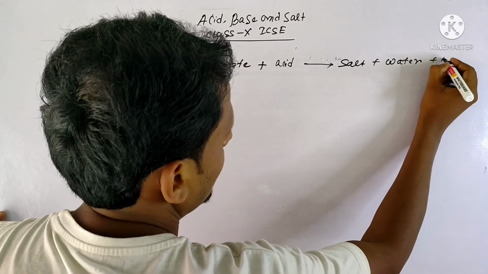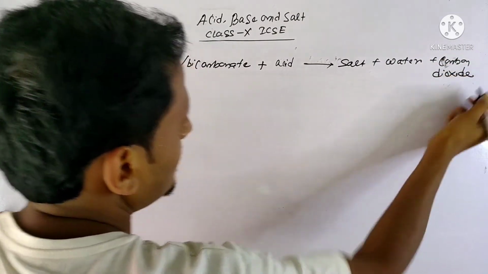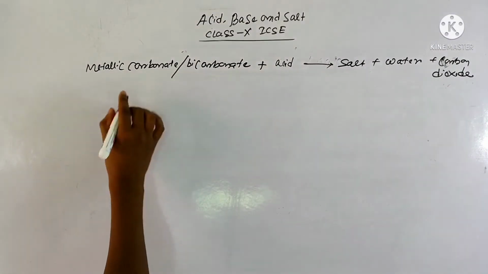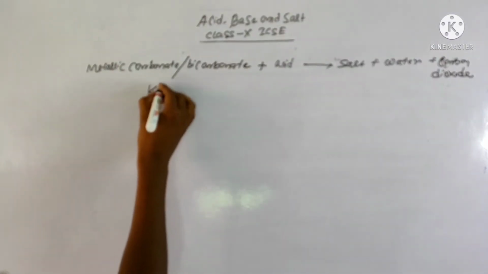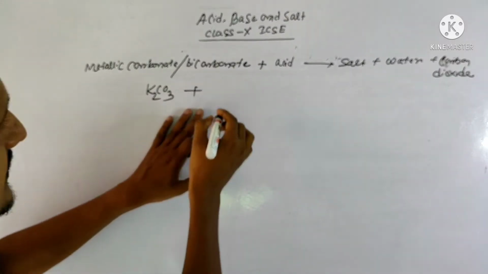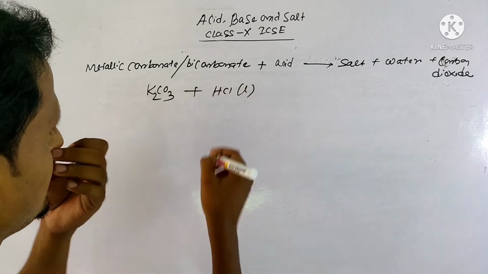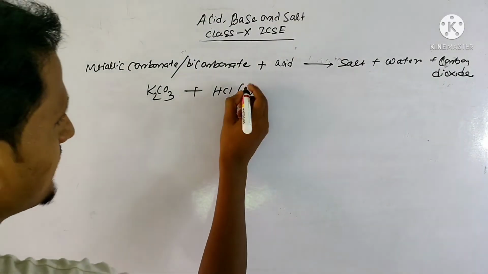Carbon dioxide. Metallic carbonate, say potassium carbonate, K2CO3, reacts with acid, say dilute hydrochloric acid.